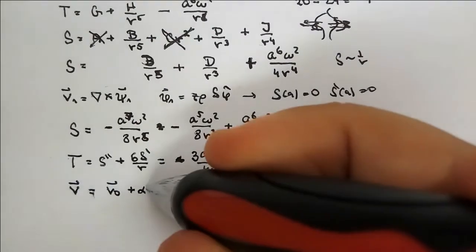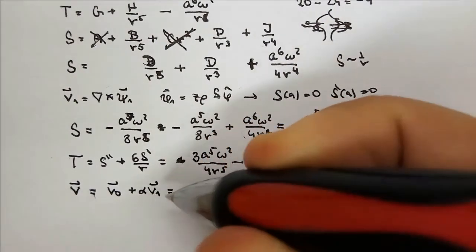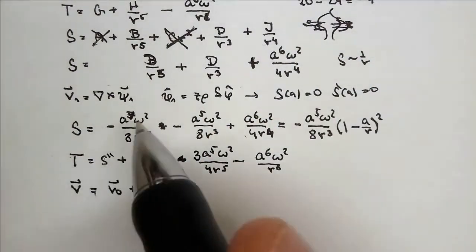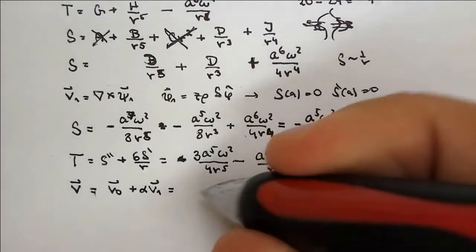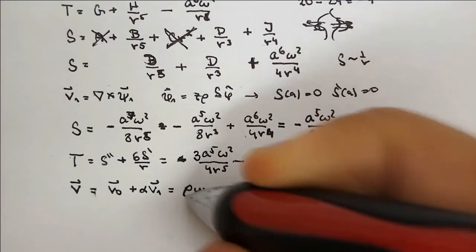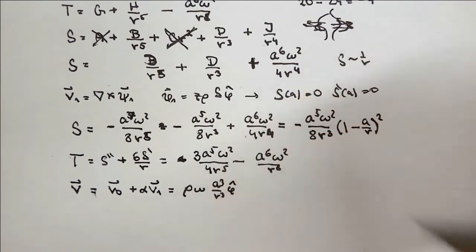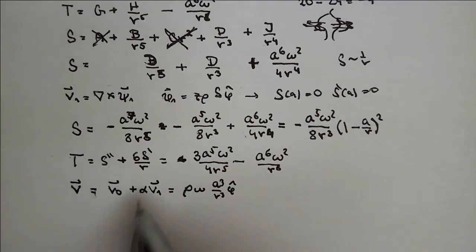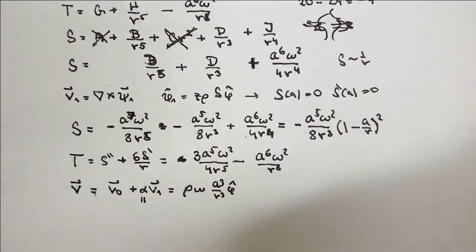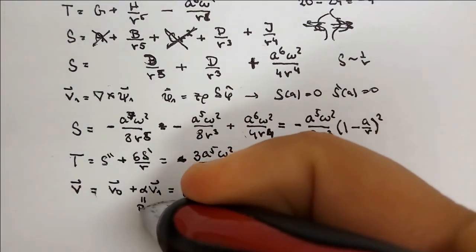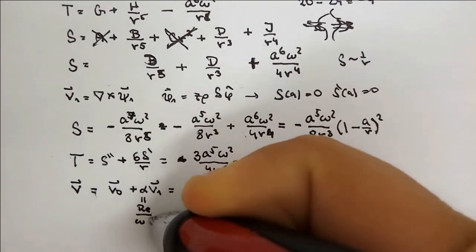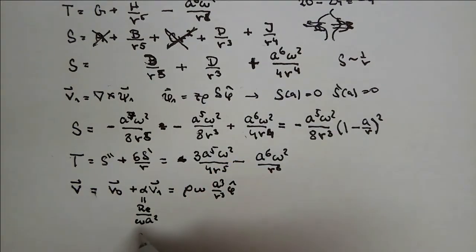alpha v1 and v1. You can compute the curl of this, but I will not do that. And this is rho omega a cubed over r cubed times phi hat plus alpha, which, you can remember, was the Reynolds number divided by omega r squared, or the density of the fluid divided by the dynamical viscosity of the fluid.